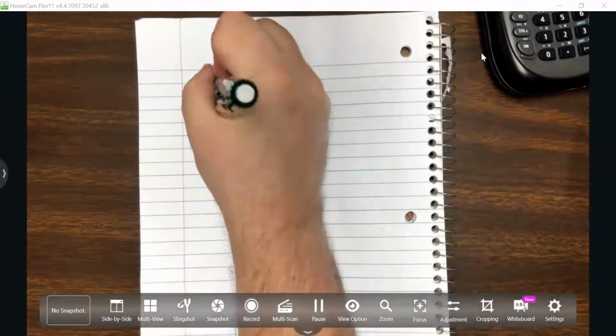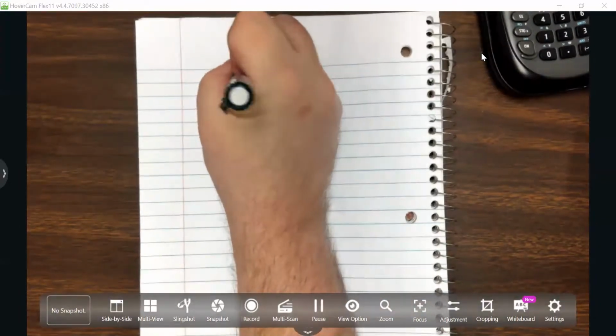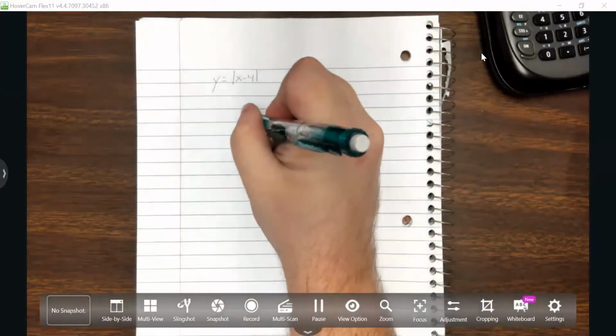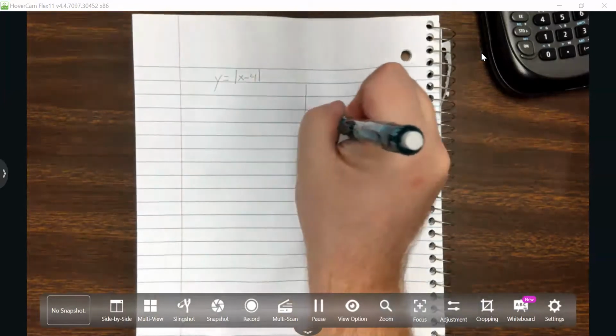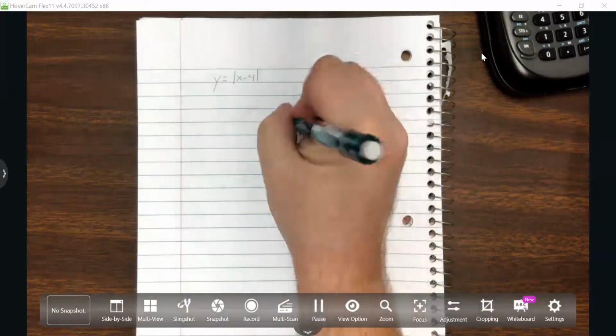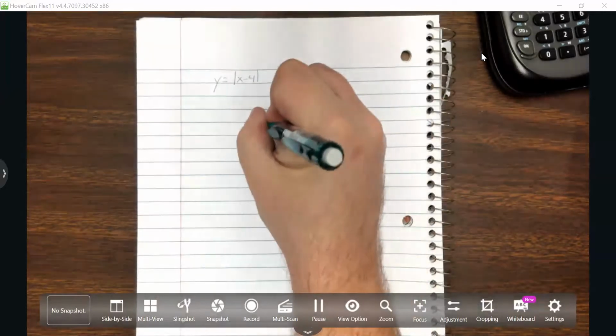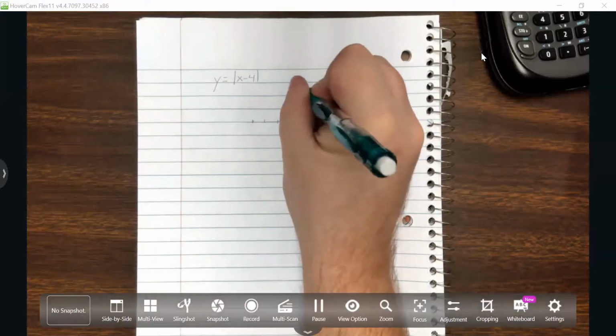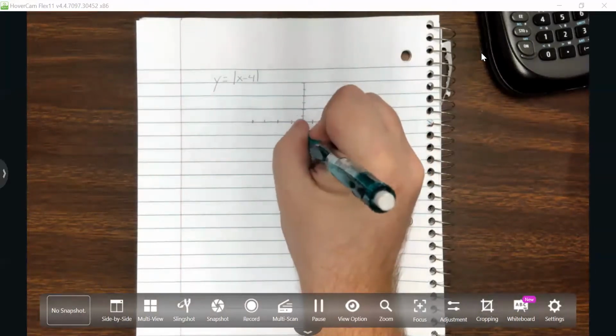Well, let's look at another example. What if we simply move it another way? So how about y equals the absolute value of x minus 4? In this case, were we to go through and plot all those points, we'd see that the entire graph has been shifted left or right when we add something inside of the absolute value.